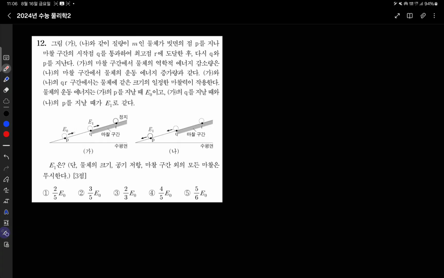It starts from point P, passes through point Q, reaches the highest point R, and stops, and it goes back to the original position P. There is an interval with friction between Q and R.